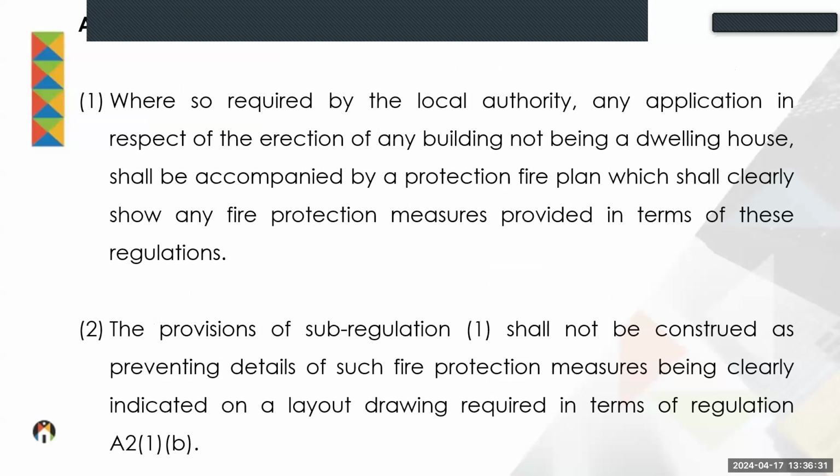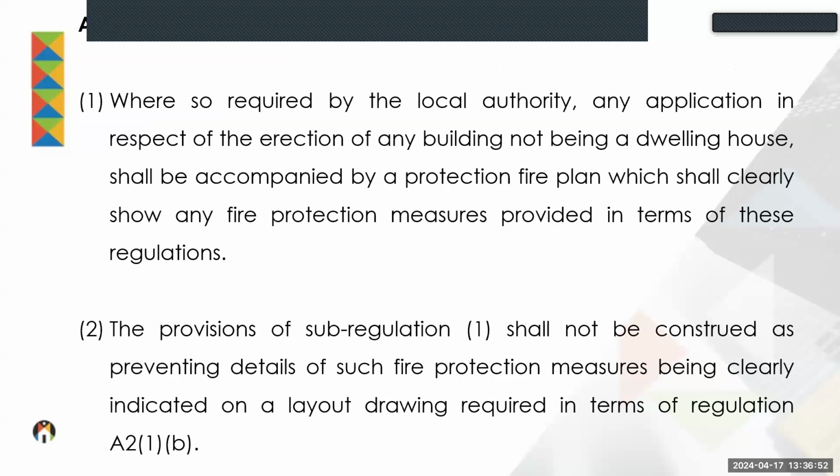If it's not a dwelling house, and if required by the local authority, a fire protection plan, clearly indicating the protection measures. Now, I think most of our local authorities will require that. However, it does not say that you have to have a separate plan for that.